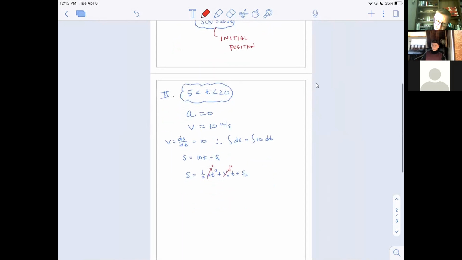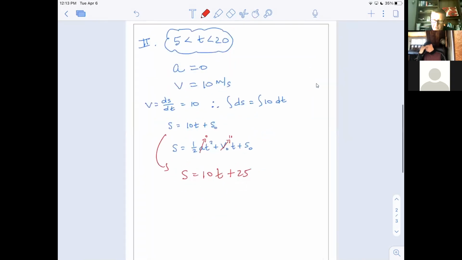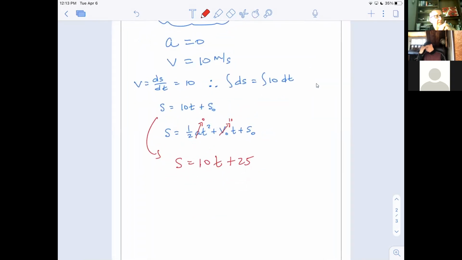So in other words, I need, let me see, I want to write something that's not true here, and I want to see if you can figure it out. Isn't that what I do here? The initial position, I throw in 25.